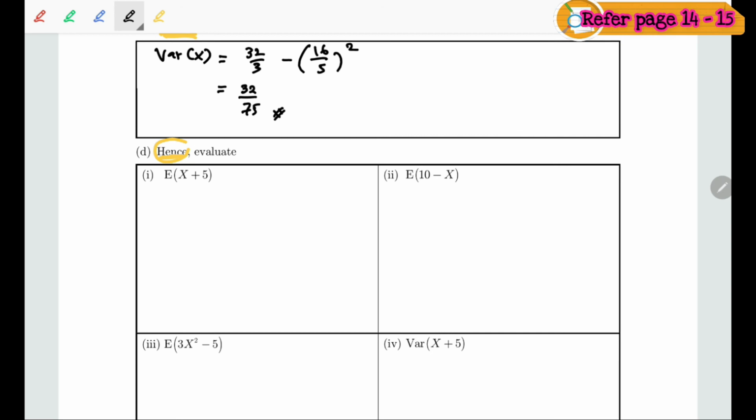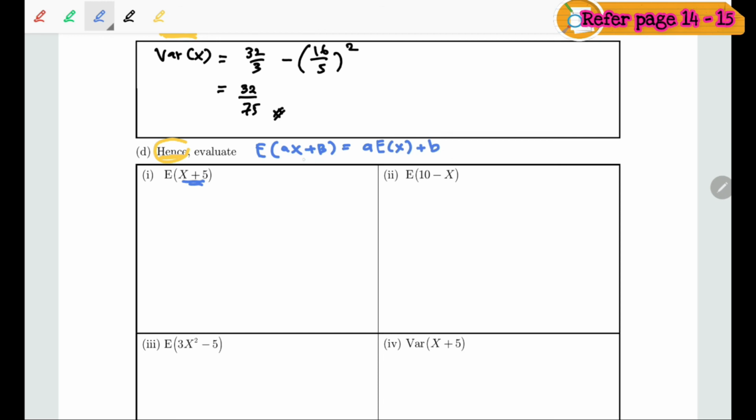So we go for the expected, the first part, which is expected of x plus 5. We are going to use the properties. The suitable property here is for the expected of ax plus b. It states that if we have this kind of expected, it equals a times expected of x plus b.